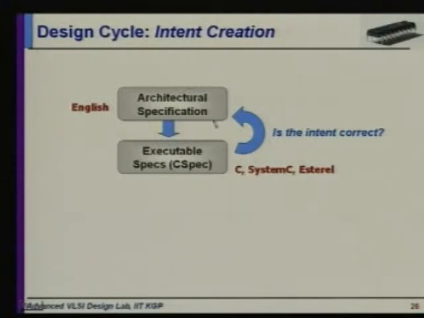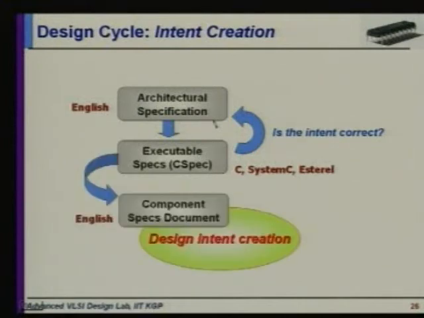This is something which is done, but then at the end of it, what do you do? You produce a component specification document. You produce the microarchitectural document of the different architectural blocks of the system, right, and that is an English language document, right.